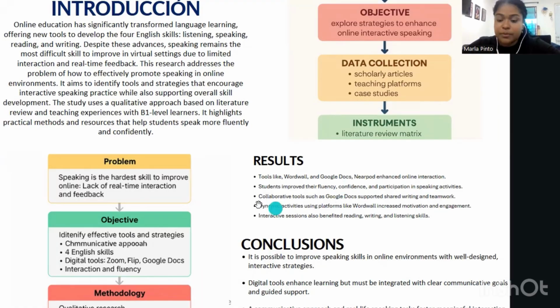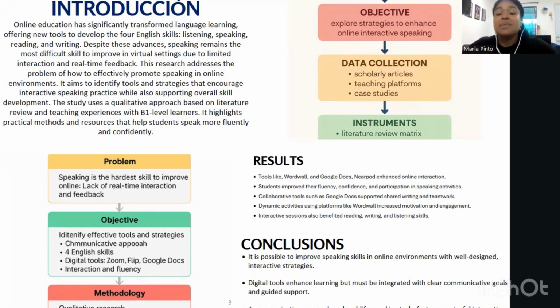For example, when we were working with activities like a speaking forum, the students started to work with each other, maybe writing in the chat. They were also working on their writing at the same time. They were saying, okay, I'm listening to the direction, I'm writing the thing.